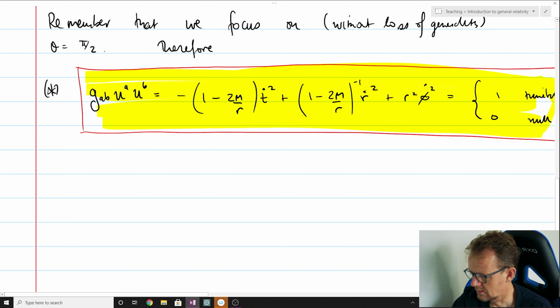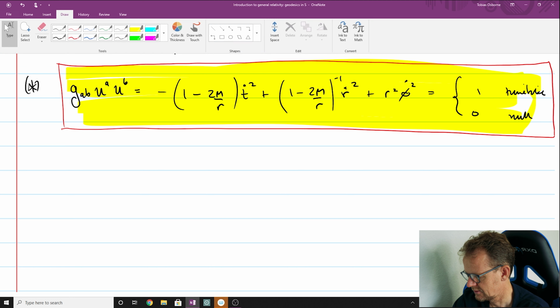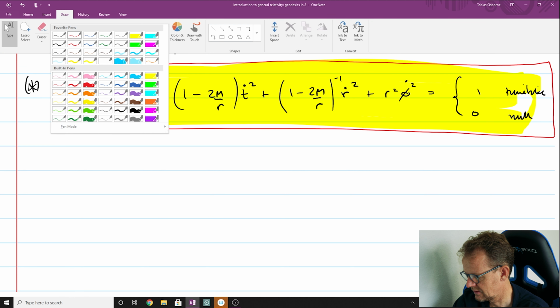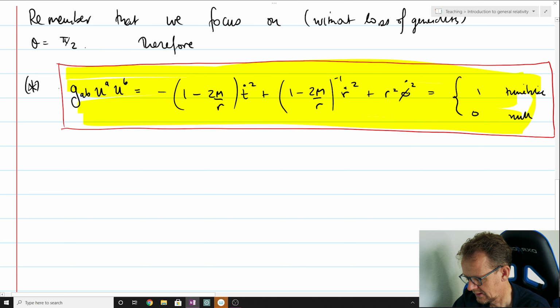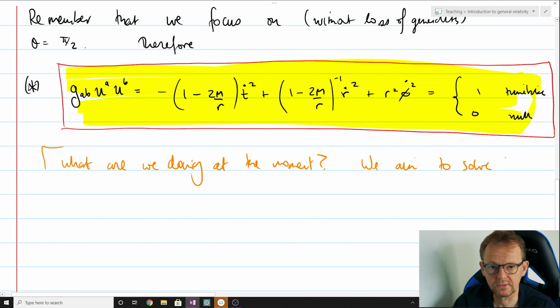Then we also know something more from the previous lecture. At this stage I should pause and say, what are we trying to do here? Well, we're trying to solve for these coefficients here. We aim to solve for the position of our test mass, given some initial conditions.